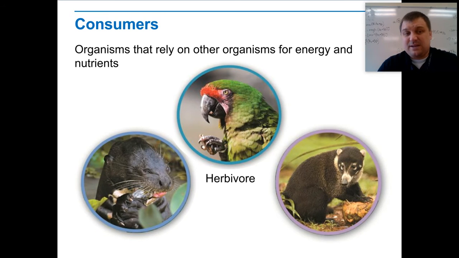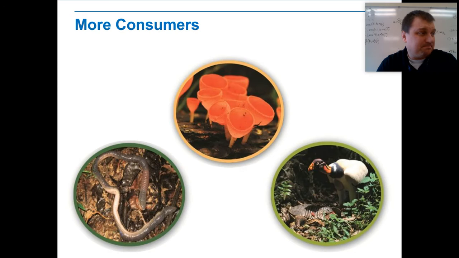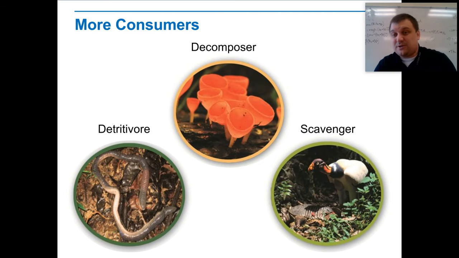So there are three different types of consumers. We have herbivores, carnivores, and then, like us, omnivores. As well as that, we have scavengers and detritivores. These would be things that eat dead material. Then we have decomposers. Very similarly to your project number 2 when you were exploring fungus, fungus is a type of decomposer that is very valuable in the ecosystem.